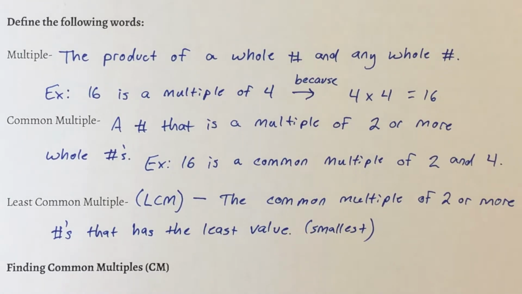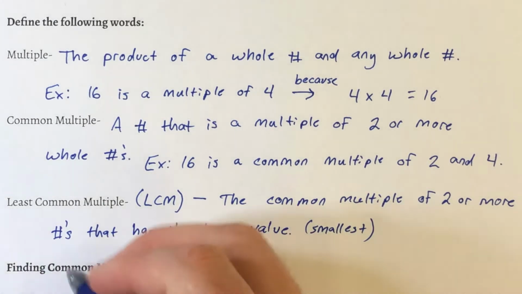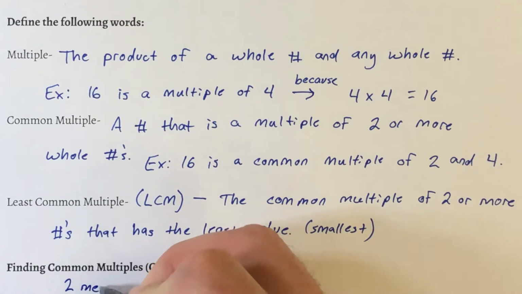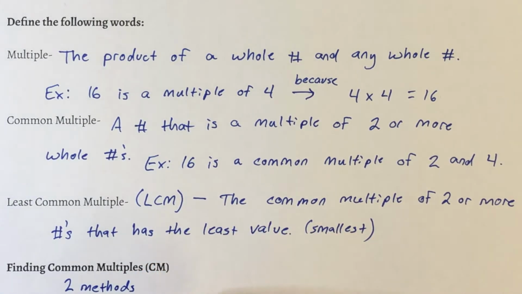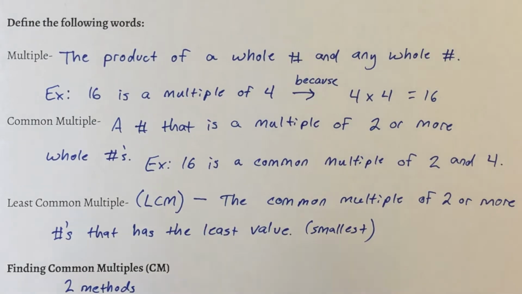Now, how do you find common multiples? There are 2 methods you can use. The first being listing or counting. So for example, if I was listing 2s or counting by 2s, I would go 2, 4, 6, 8, and keep going. The second method to find common multiples would be prime factorization.